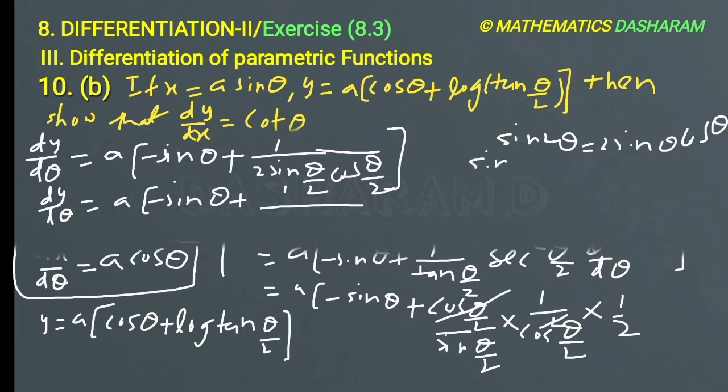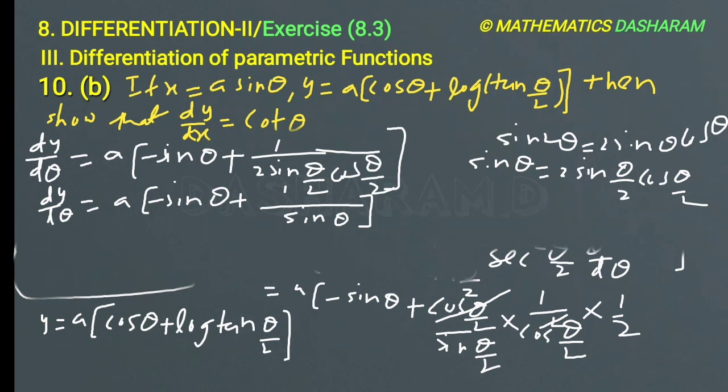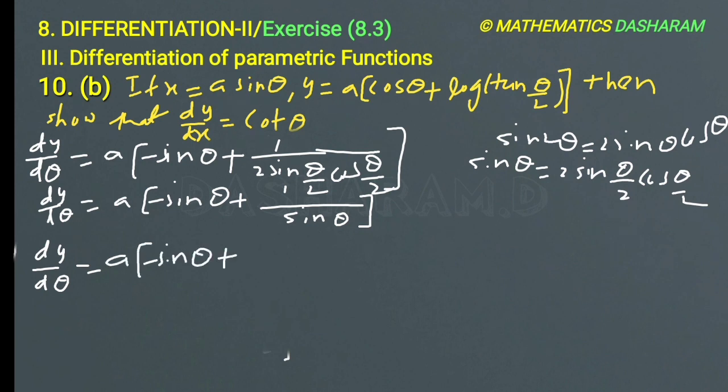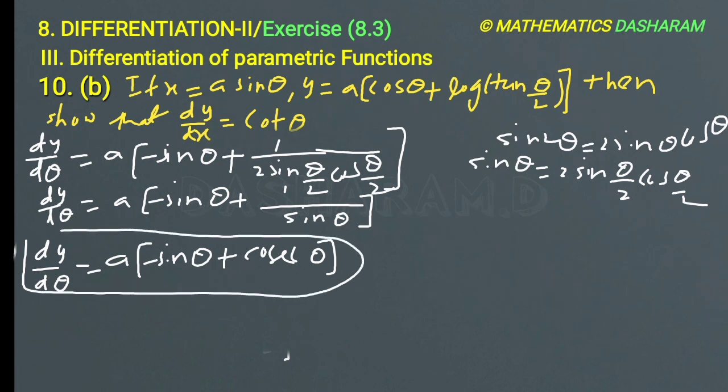So sin theta equals 2 sin theta by 2 into cos theta by 2. So at this place we can write just sin theta. Then dy by d theta equals a bracket of minus sin theta plus 1 by sin theta, which becomes cosec theta. So this is the dy by d theta answer.